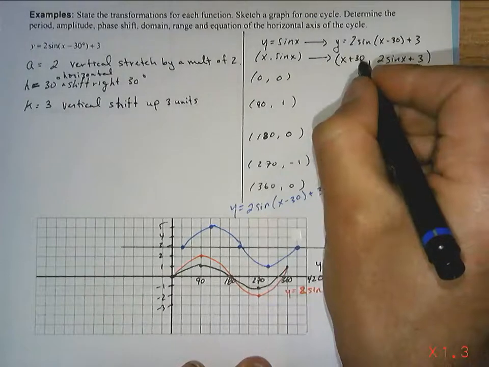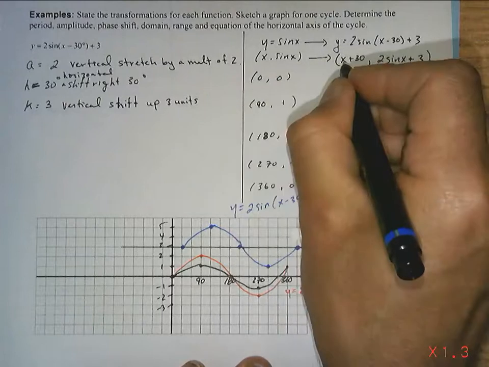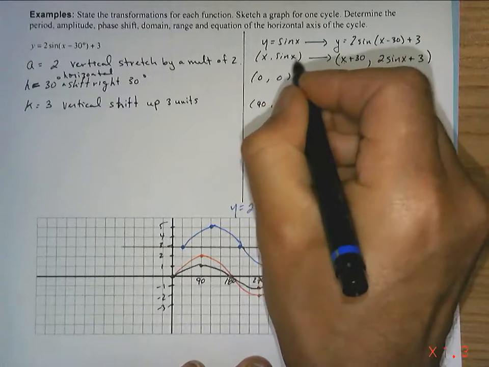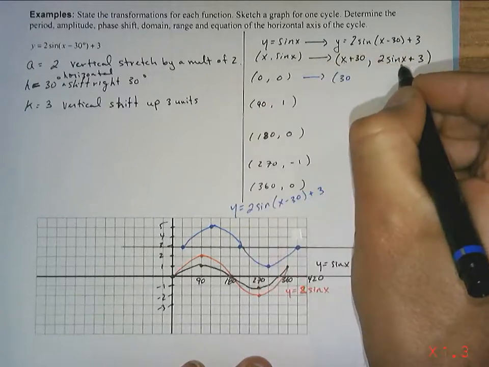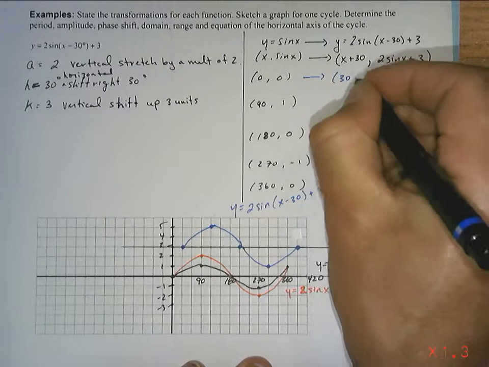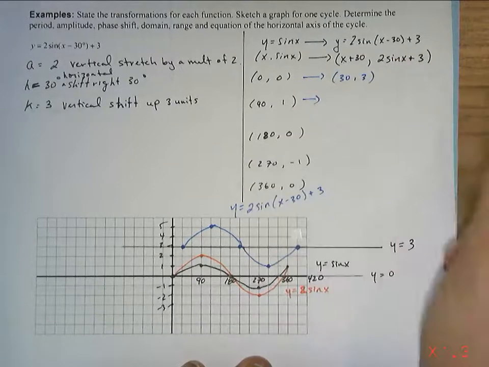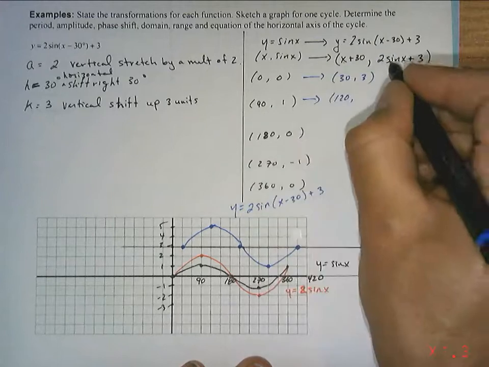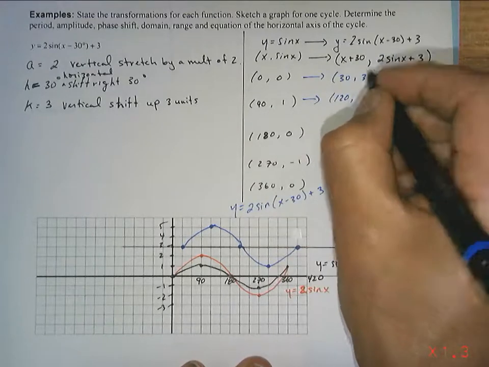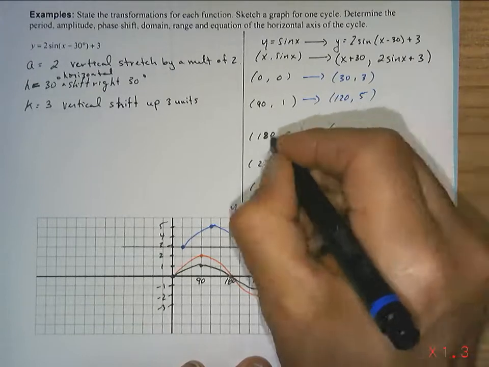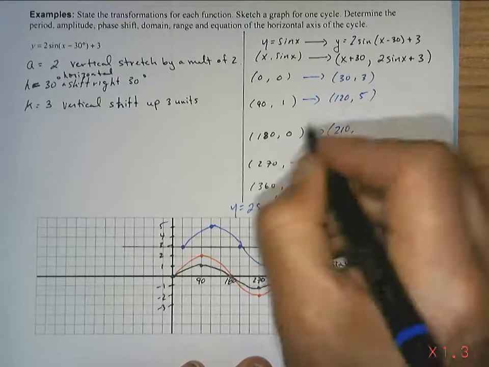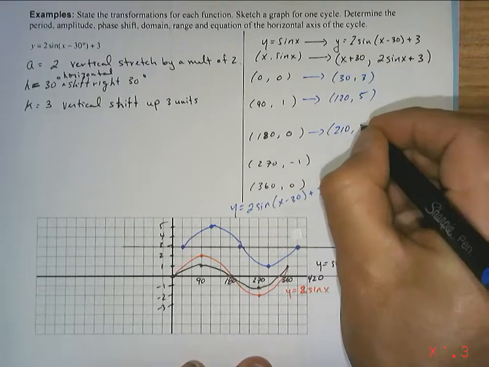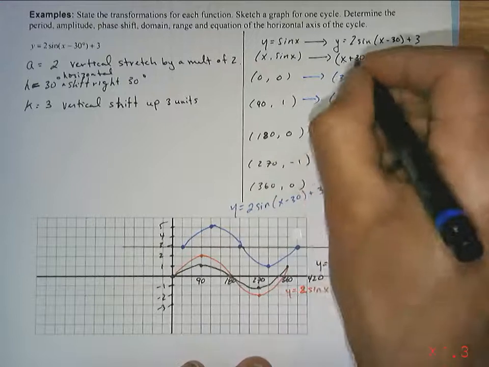So 0 plus 30. Our x value for this point is 0 plus 30, which gives us 30. Our y value: sine x is 0, times 2 is 0, plus 3. This point, 90 plus 30 is 120. 1 for sine x is 1, times 2 is 2, plus 3 is 5. 180 plus 30, 210. 0 for sine x, times 2 is 0 still, plus 3. 270 plus 30 is 300.